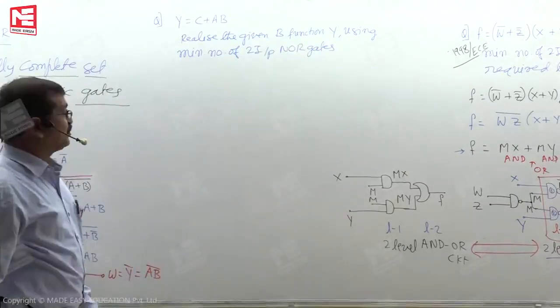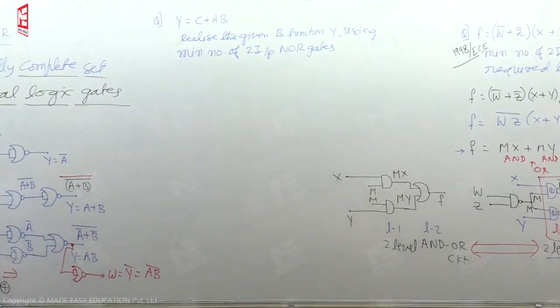Realize the given Boolean function Y, where Y is (C'+A')... using the minimum number of two input NOR gates.